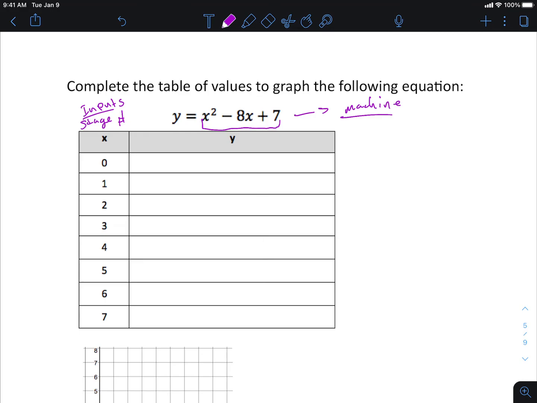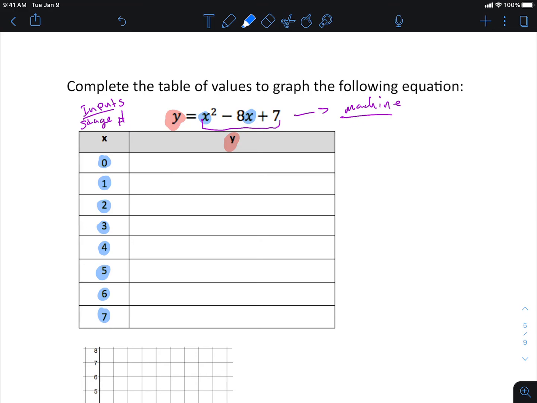It applies some process to it, and we get this new thing out on the other end. That's what you're going to write here. The catch is, your inputs are these values. You input them into your machine where it tells you to, and then you get something new out on the other end. That's what this is asking you to do.